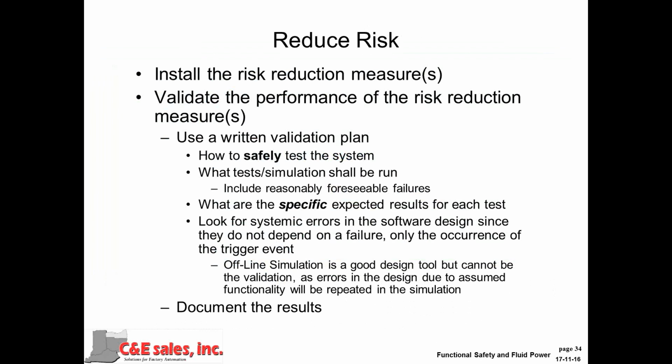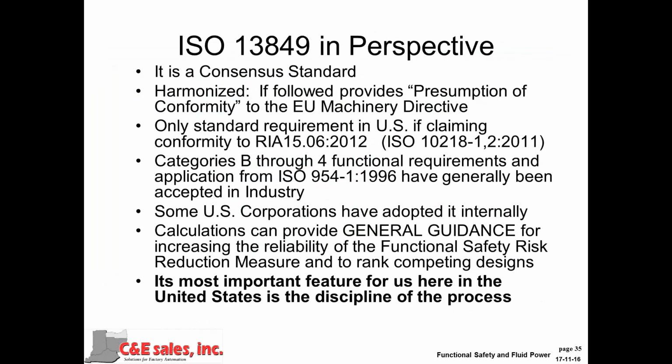Look for systemic errors, those that are design errors that don't depend on a failure mode, but are inherently there and wait just for the error that we may have designed into it. For that reason, offline simulation, while it's a good tool for designing, is not a good way to validate, because errors and assumptions that I made in the design, I'm very likely to include in my simulation test. I want to make sure you document the results for others to see what happened and how it worked out.